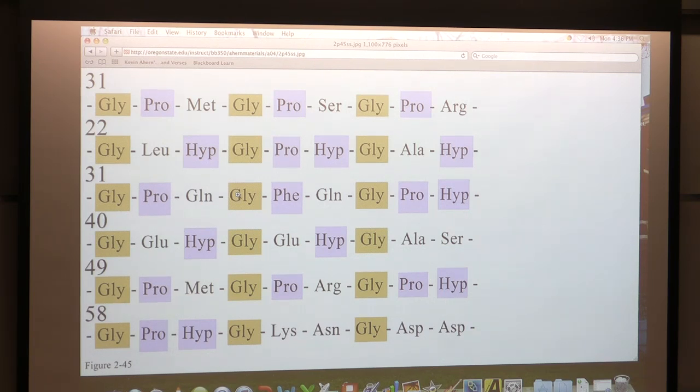Oh. So if I'm vitamin C deficient, I won't put hydroxyls on my prolines. And if I don't put hydroxyls on my prolines, my collagen is weak. And if my collagen is weak, I develop a condition known as scurvy.